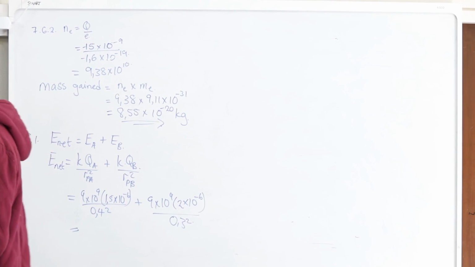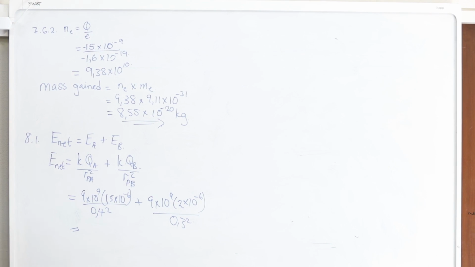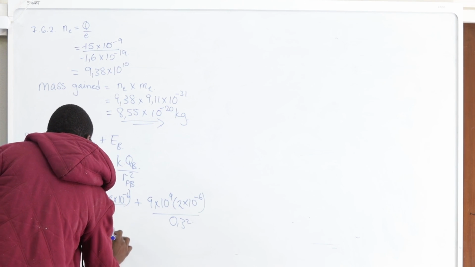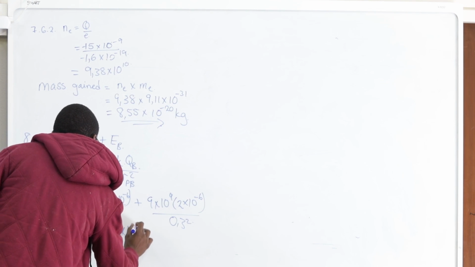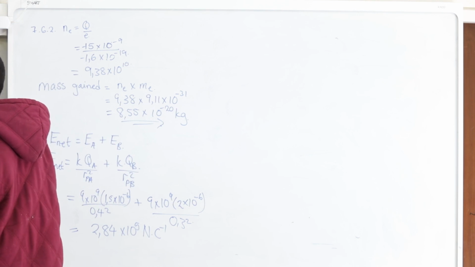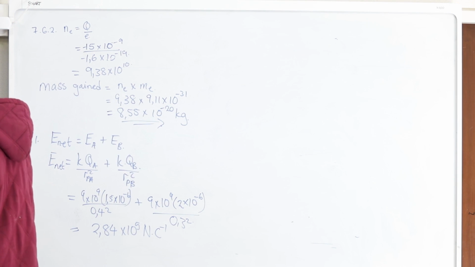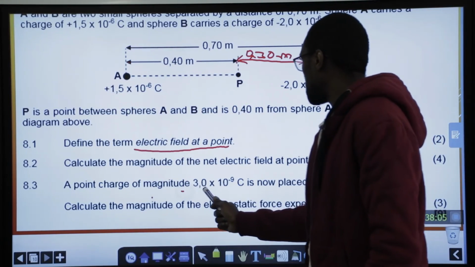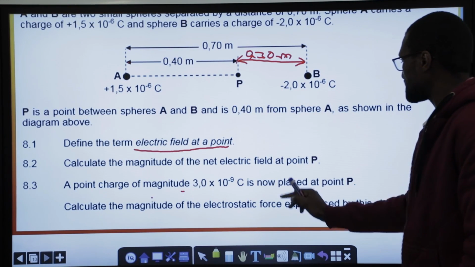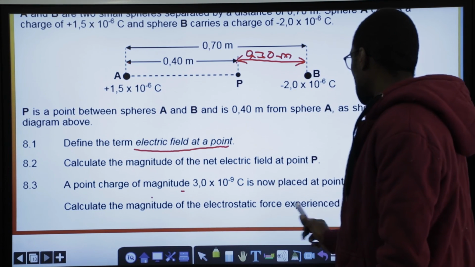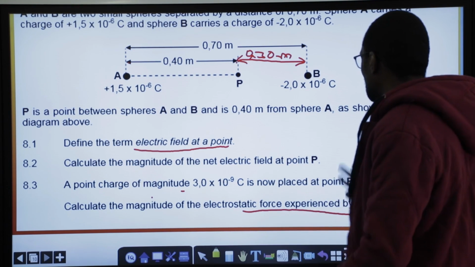Okay, and our final answer for that should be 2,84 times 10 to the power 5 newtons per coulomb. Okay, next question 8.3 then says, a point charge of magnitude 3 times 10 to the power negative 9 is now placed at point P. Calculate the magnitude of the electrostatic force experienced by this charge.